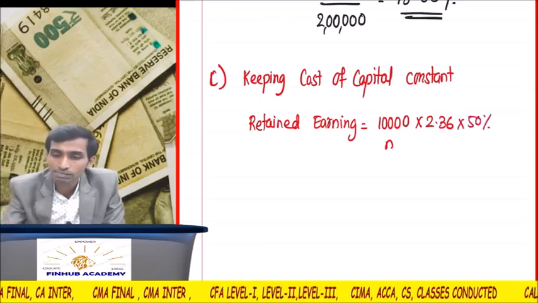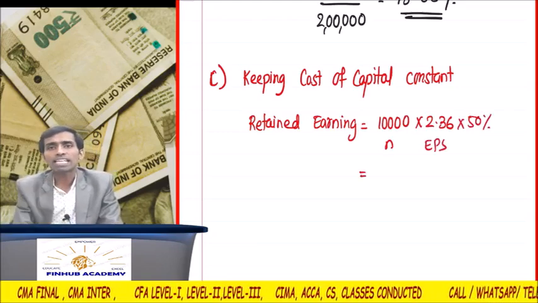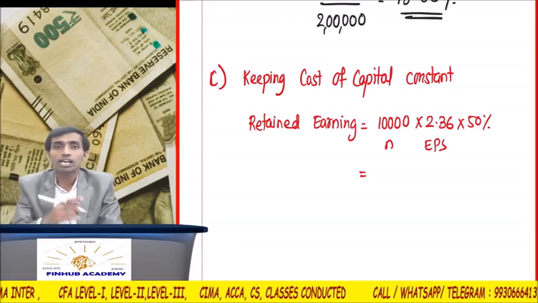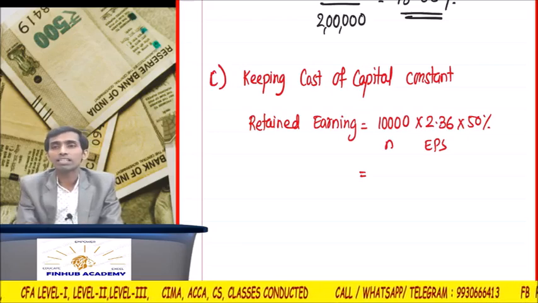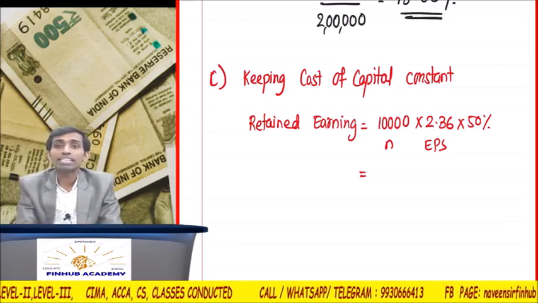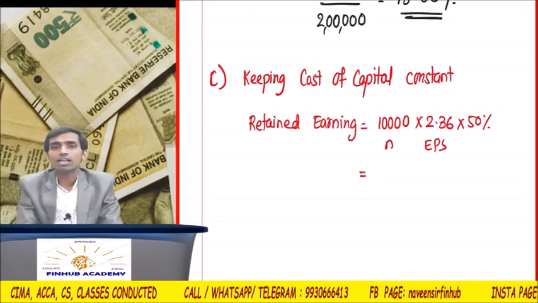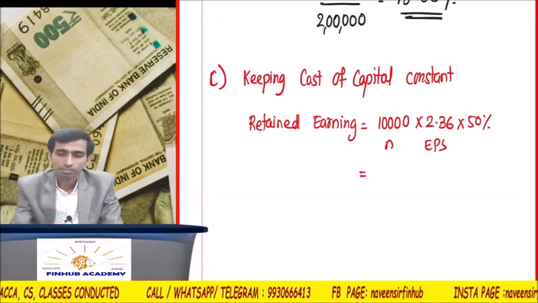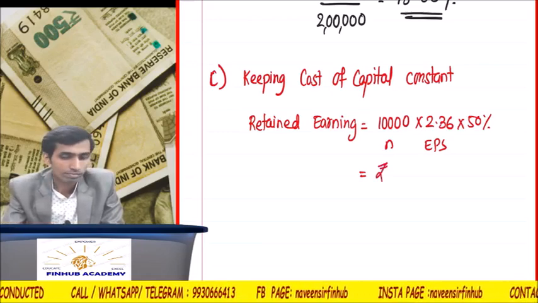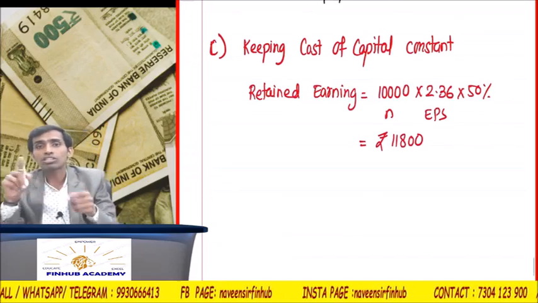So my earnings are 23,600. Out of that, 50% will be 11,800.